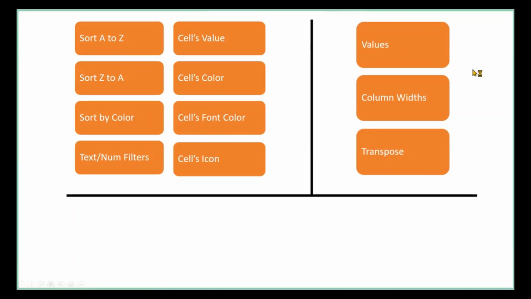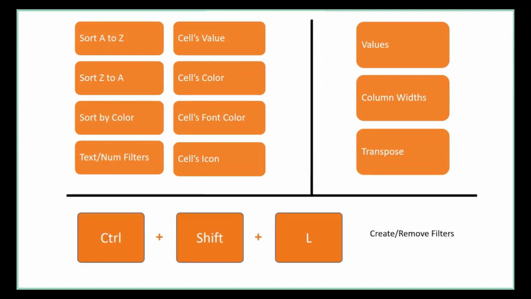We did column width, not too important, but still good to know. And then one of the most important ones, especially if you're dealing with two sources of data which give you maybe different things, transpose. And then the shortcut of the month this time around was Control Shift L.